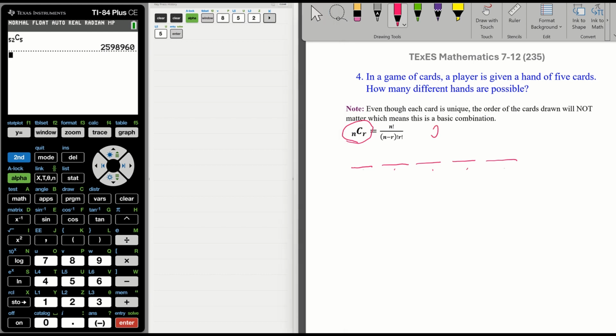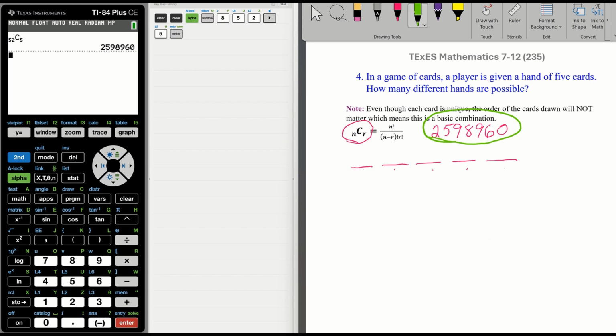Okay, let's write that down real quick. Please make note that this was done very quickly on our TI-84. Now let's try that with the equation.